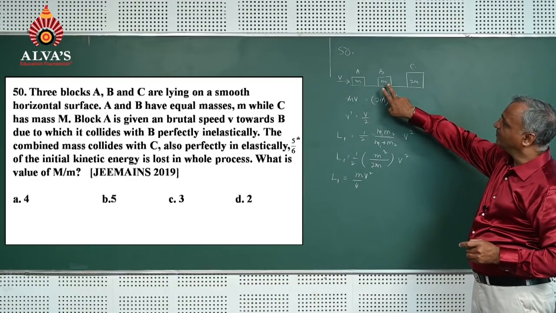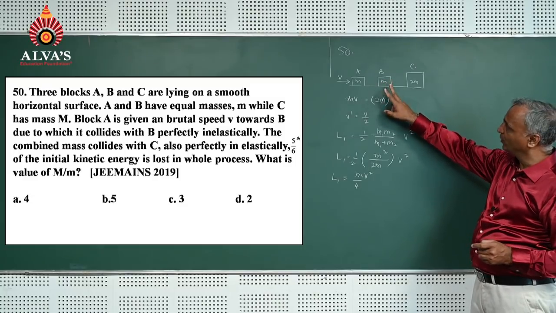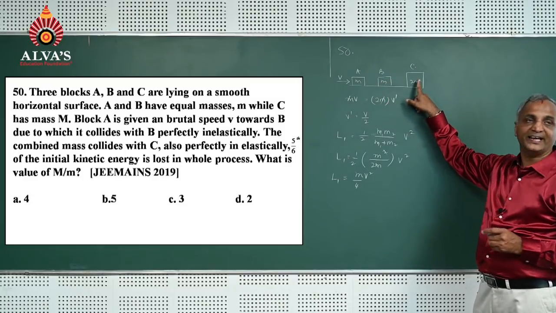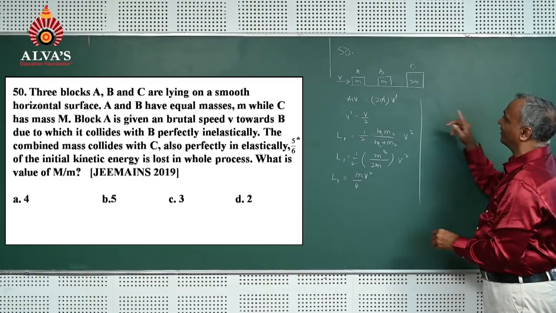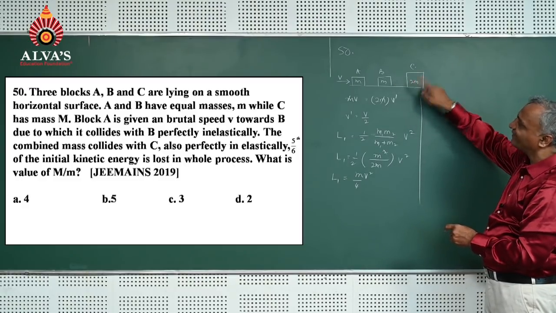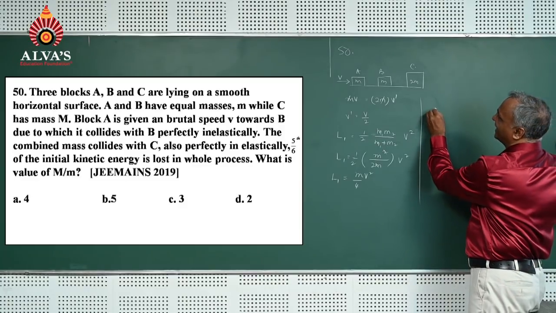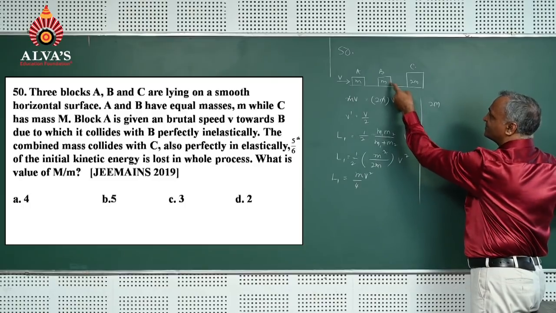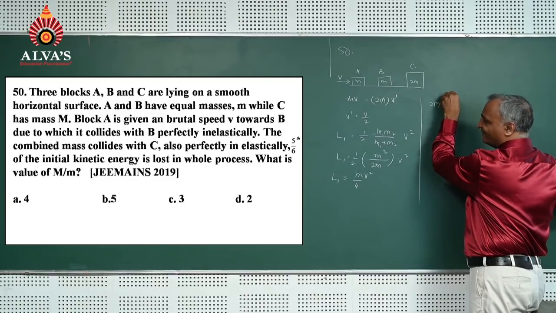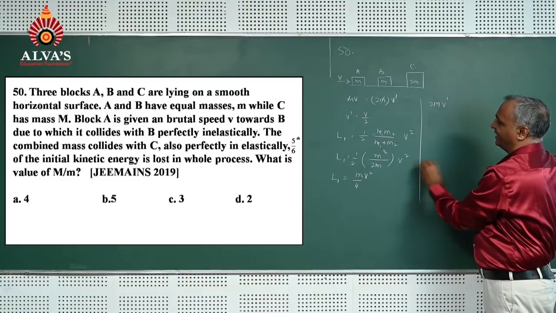Thereafter, now the mass is 2m, m plus m, and it collides perfectly inelastically with this, and so you proceed as before and try to find out what is the final velocity. The initial mass is 2m, and this body is moving with the velocity v dash, already we have calculated.